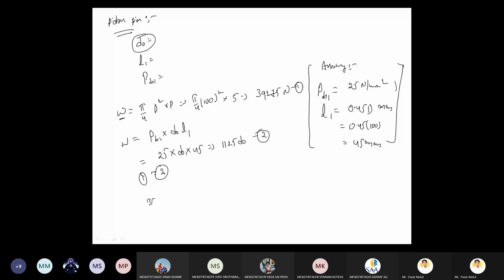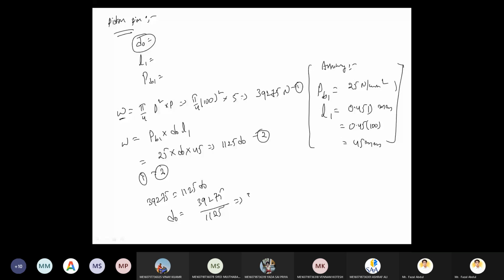Now what is D naught here? 39275 by 1125 is 34.9, which is about 35 mm. The diameter of the piston pin is 35 mm.